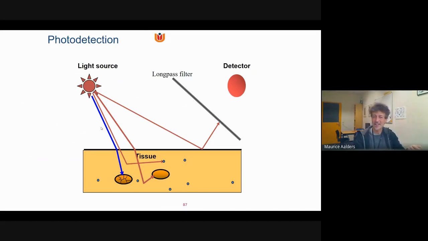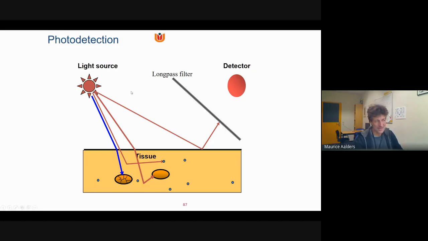So we're exciting tissue, human biological materials, usually with UV light or blue light. And then what comes out is usually yellowish, greenish light, a longer wavelength. The wavelength shift between the excitation and the emission, that's the Stokes shift, and it varies between different components. But mainly, if we want to use fluorescence for detection, we just put short wavelength light on there with a large bandwidth.